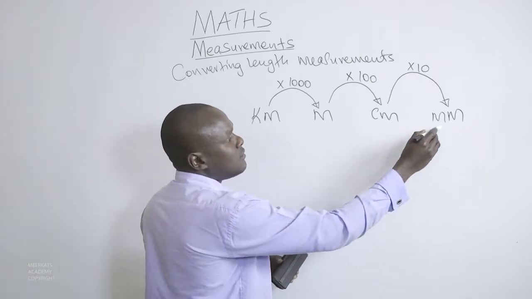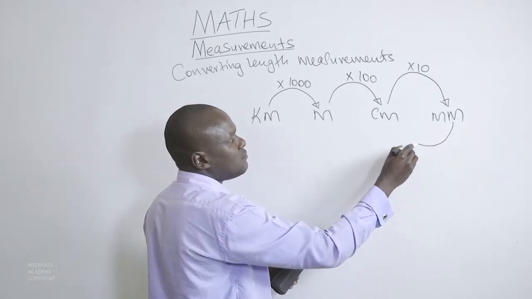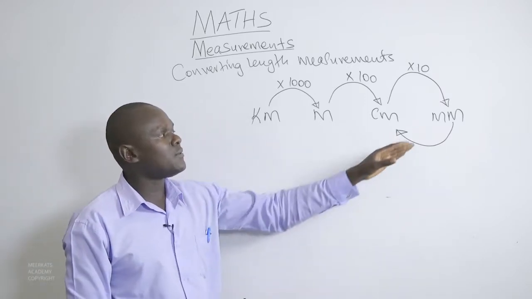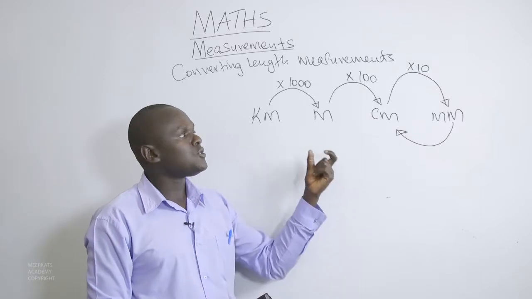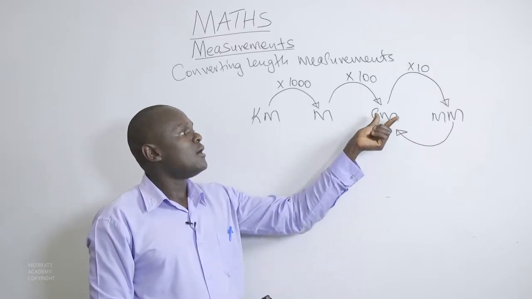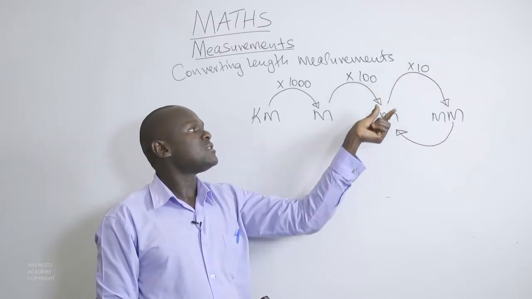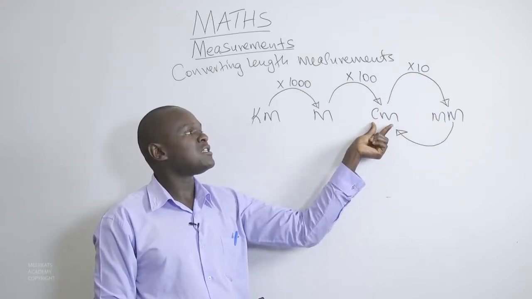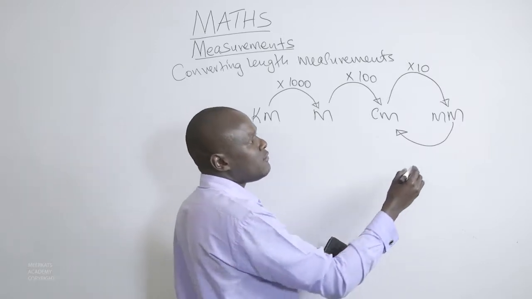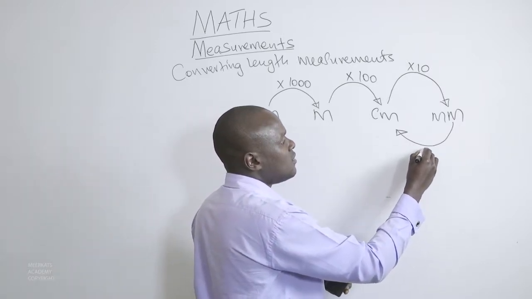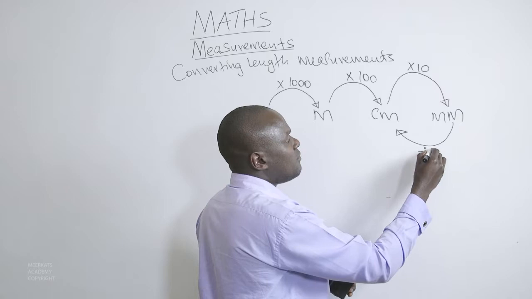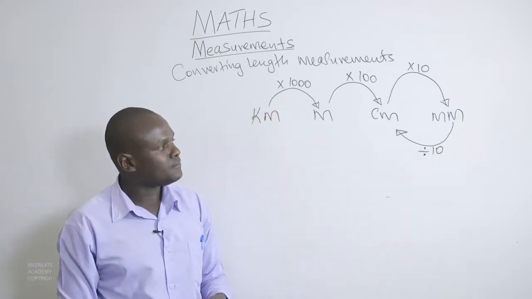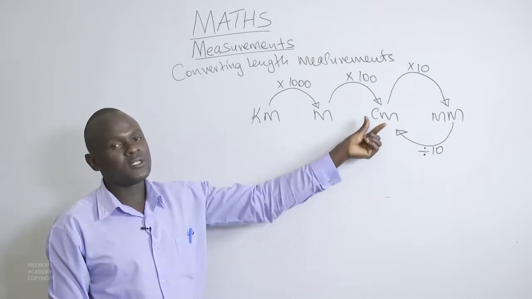If you are given units in millimeters and you're tasked to convert the same into centimeters, since we know that 10 millimeters is equal to a centimeter, you divide the value given in millimeters by 10 to get centimeters.